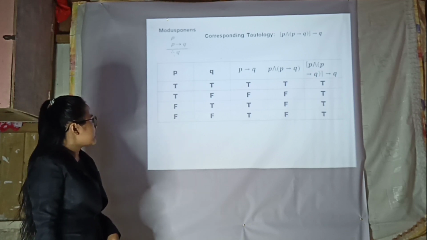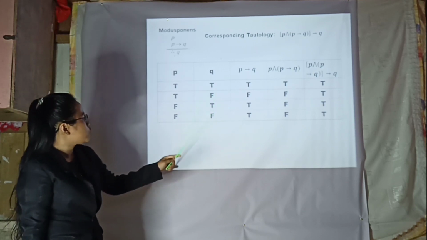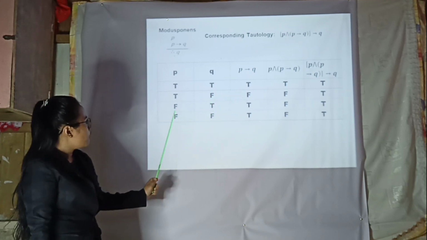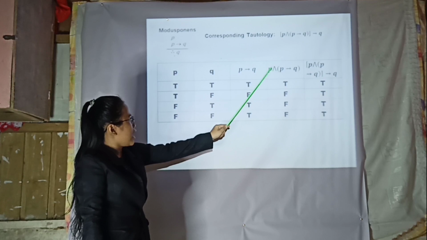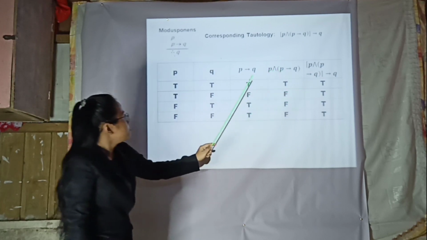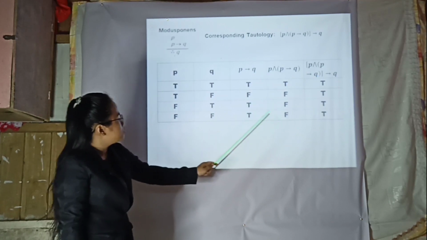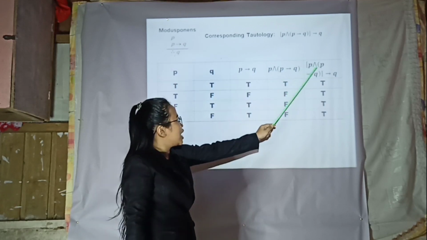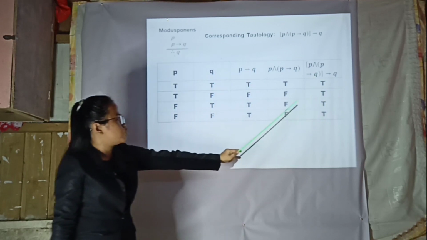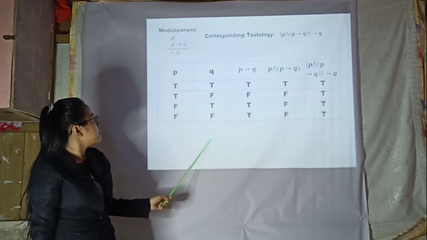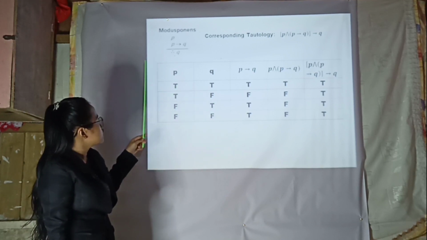In Q, 2 divided by 2 equals 1. Then P and if P then Q, and P and if P then Q implies Q. This truth table represents the fourth rule of inference, which is the modus ponens.